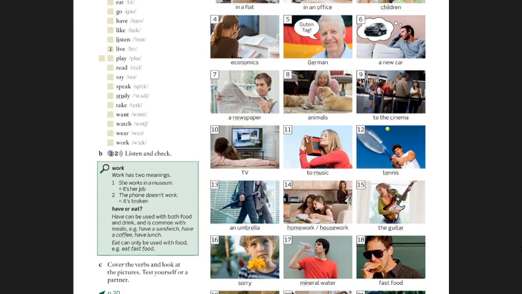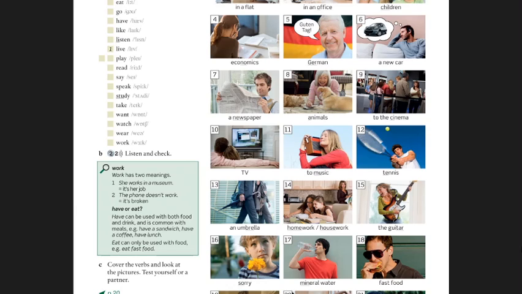And then the verb have or eat. Have can be used with both food and drink, and it's common with meals. For example, have a sandwich, have a coffee, have lunch, okay? But eat can only be used with food. For example, eat fast food, okay?